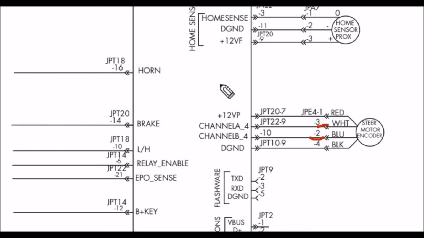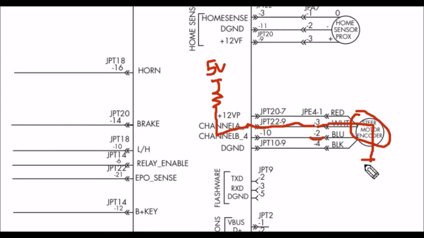So what's happening was, inside the computer there would be, I'm not really exactly sure if they had the resistor inside, but it would have a 5 volt reference inside the computer, right, and it goes out here, and so the sensor, the steer motor encoder, is actually pulling that reference signal to the negative. So whenever the sensor itself is not producing the 5 volt pulse, it's just pulling the signal with the 5 volt reference signal to low, to 0, and that's what's happening to it.